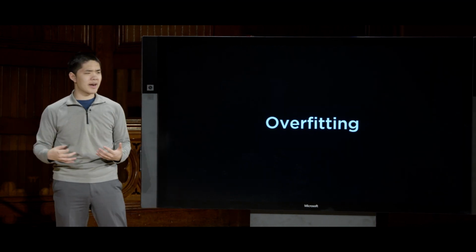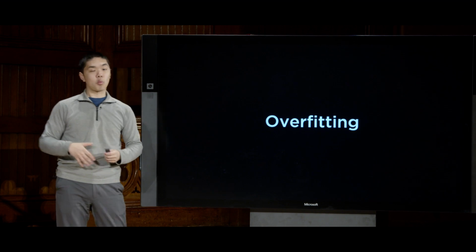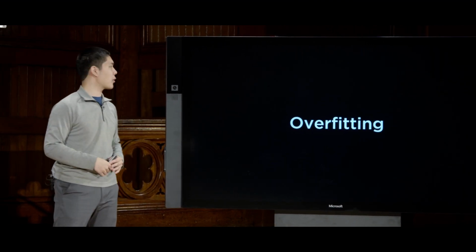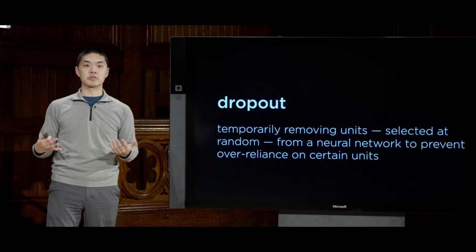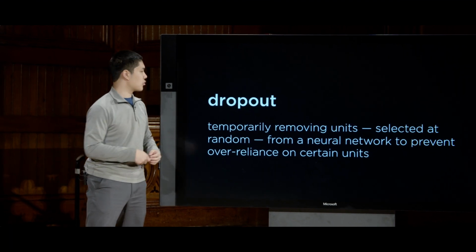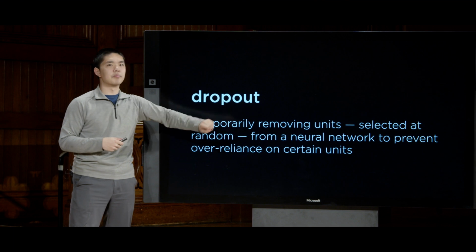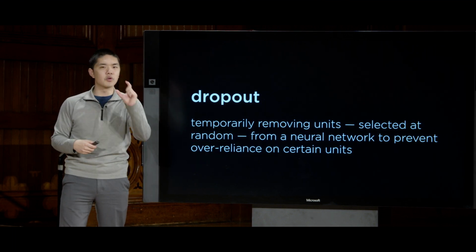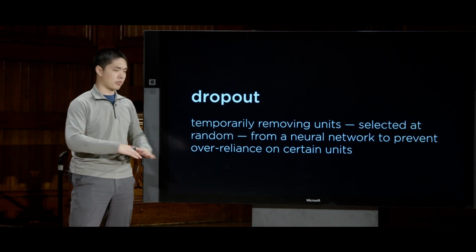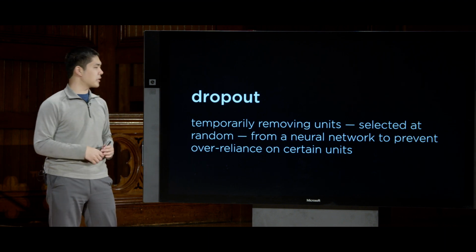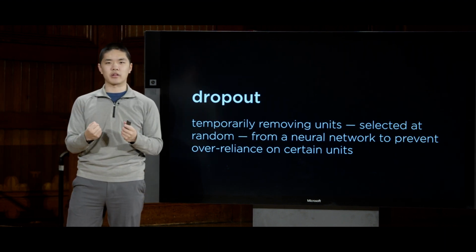And there are a number of strategies for dealing with overfitting. But one of the most popular in the context of neural networks is a technique known as dropout. What dropout does is, when we're training the neural network, we temporarily remove units, temporarily remove these artificial neurons from our network, chosen at random. And the goal here is to prevent over-reliance on certain units.